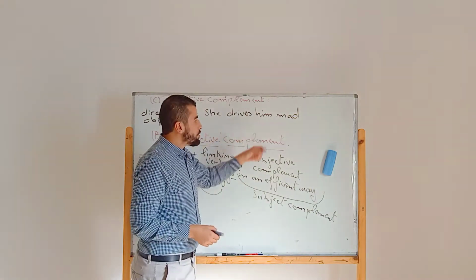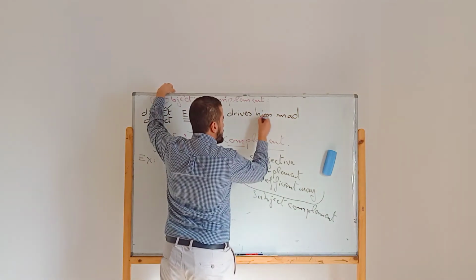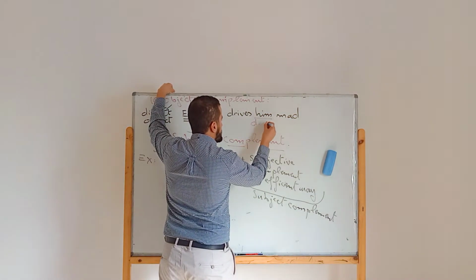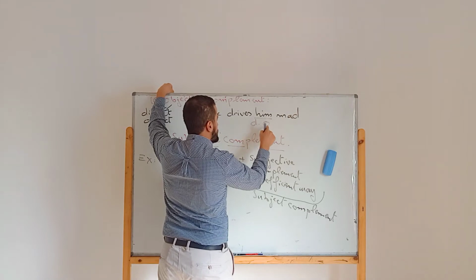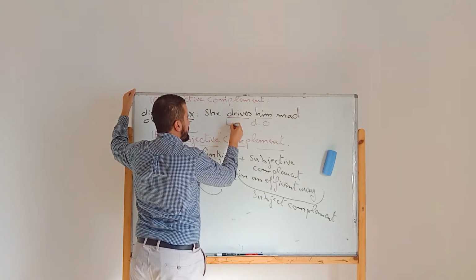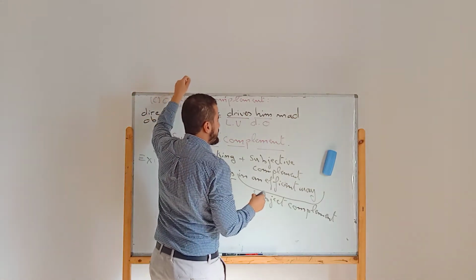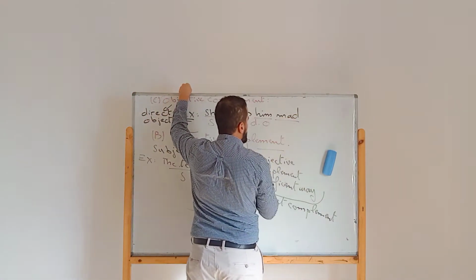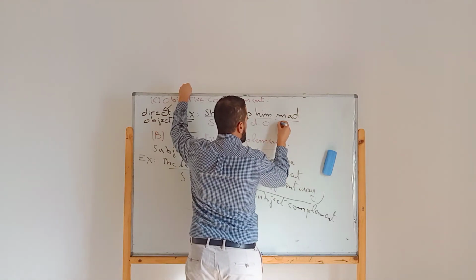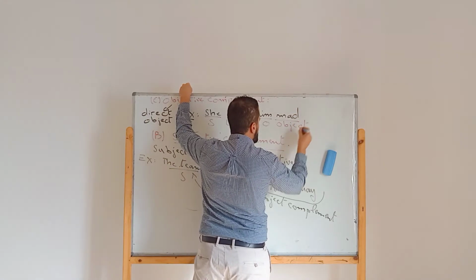She drives who? She drives him. So this one is the direct object. D-O, direct object. Drives is the linking verb. She is the subject. Mad is what? It is the objective complement, or object complement.